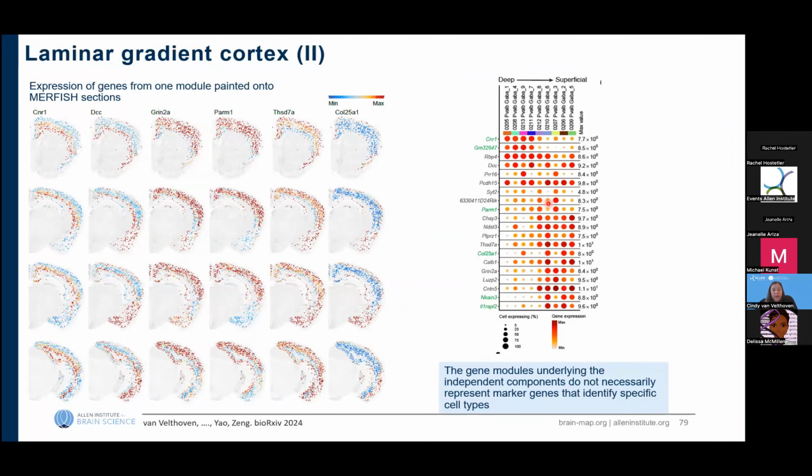And we can identify a series of genes that drive this distribution from deep to superficial layers. And the interesting thing is that these genes are not necessarily the marker genes that we've identified that represent either the clusters or the supertypes or subclasses.